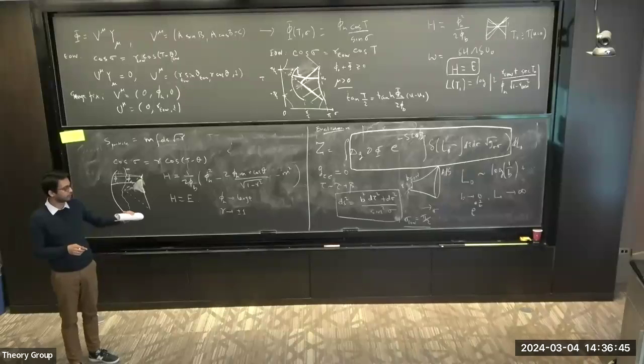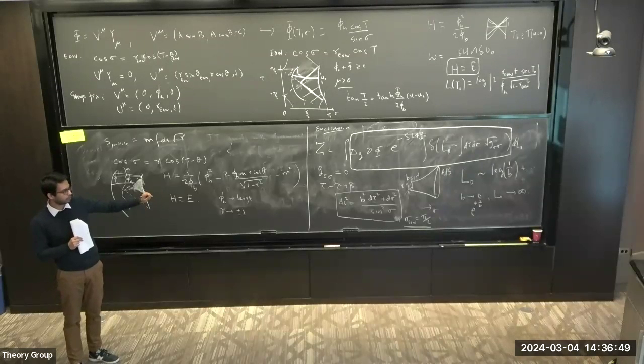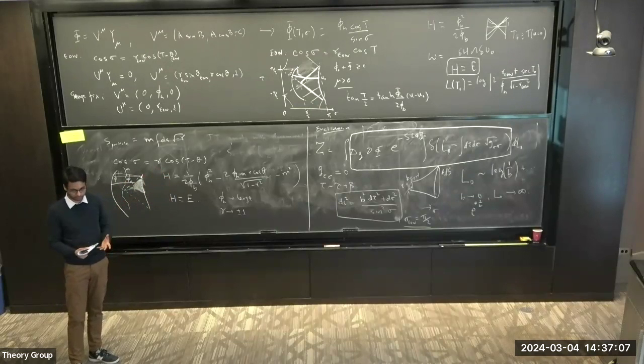What generic UV features could change this computation, could regulate this computation? If we consider, for instance, some string winding around this time direction, then that potentially can cut off this integral at some finite b. That could be one potential way of changing the computation so that the partition function is now finite.